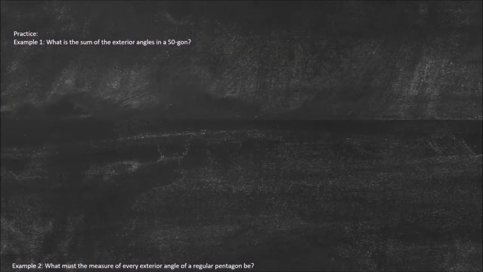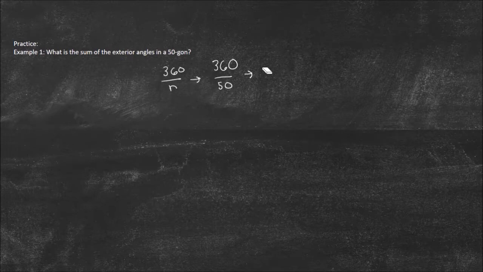So what is the sum of the exterior angles in a 50-gon? Okay, so we got a lot of sides here, but again, this is just really plugging in our formula. It's just going to be 360 divided by 50. Let's try to simplify that a little bit. First, I see both can be divided by 2, and let me show you where I got this from. This is the 360 divided by n formula, which becomes 360 divided by 50, and I'll do the equal sign because now we're simplifying.